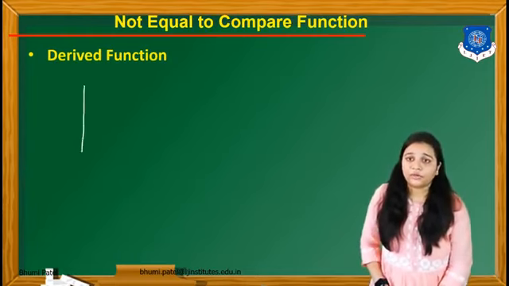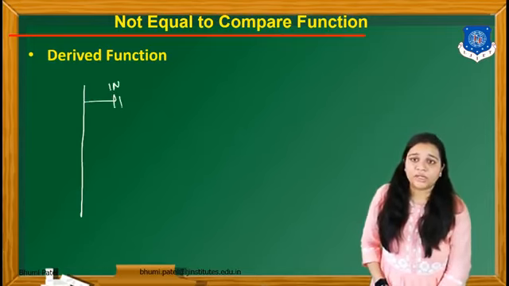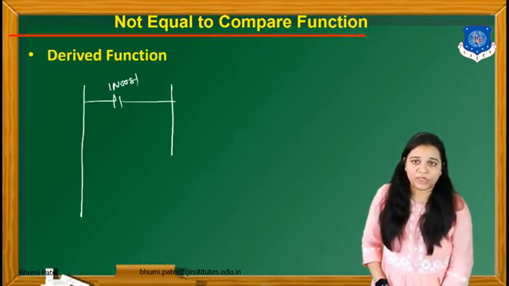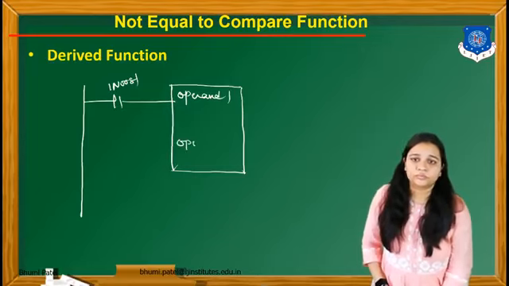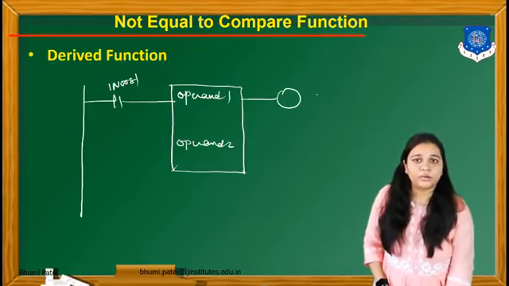So the derived function for not equal to is like this. We draw a ladder diagram. First we take one input signal, suppose the name of the input is IN0081. In the block format we take the two operands, operand number 1 and operand number 2, and one output coil.